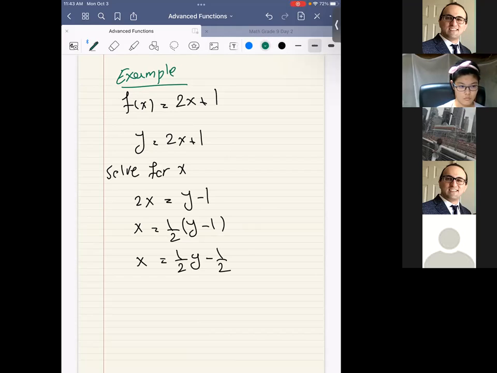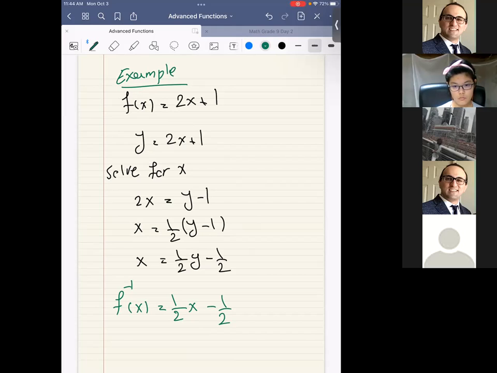Now you can say that the inverse function f inverse is equal to 1/2 x minus 1/2. You just replace y with x, and this gives you the inverse function.